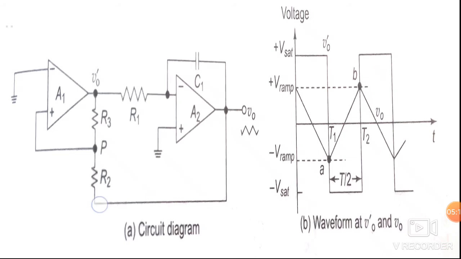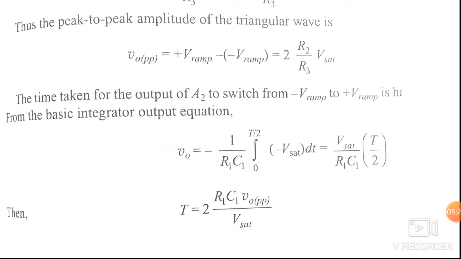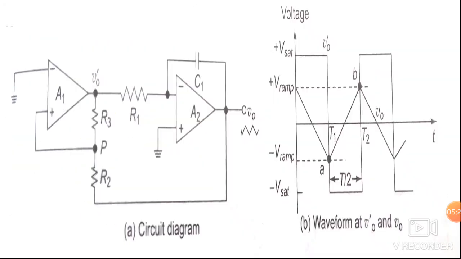At this point the potential is minus V ramp, and at this point the potential is plus Vsat. So we can calculate the potential of point P using the superposition theorem, since two voltage sources are applied here.